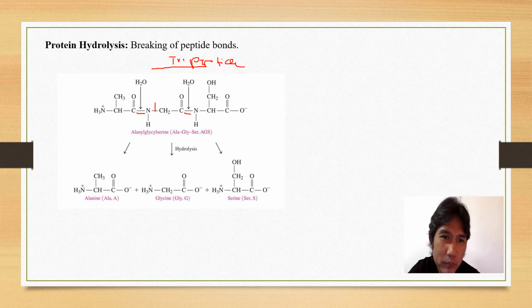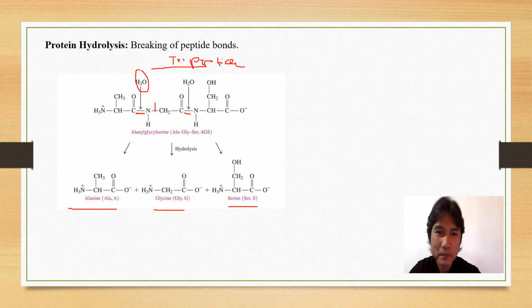When these peptide bonds are broken in the presence of water, that's why hydrolysis, the 3 amino acids are formed: alanine, glycine, and serine. Remember, the name of this tripeptide is alanyl glycyl serine. But when they are released as individual amino acids, their names are retained: alanine, glycine, and serine.